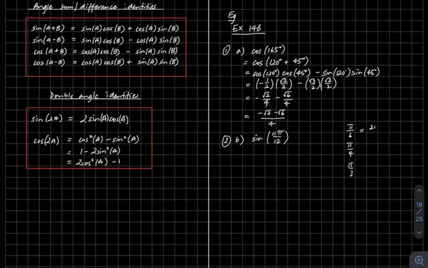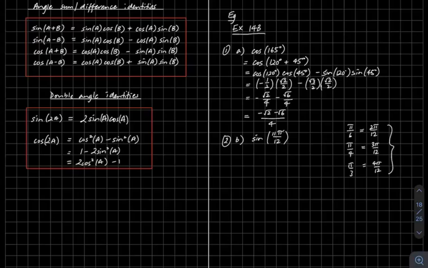So pi on 6 would be 2 pi on 12. Pi on 4, what's that? 3 pi on 12. And pi on 3 would be 4 pi on 12. So basically, if we can express 11 pi on 12 using multiples of these ones, then we should know the exact values of those.